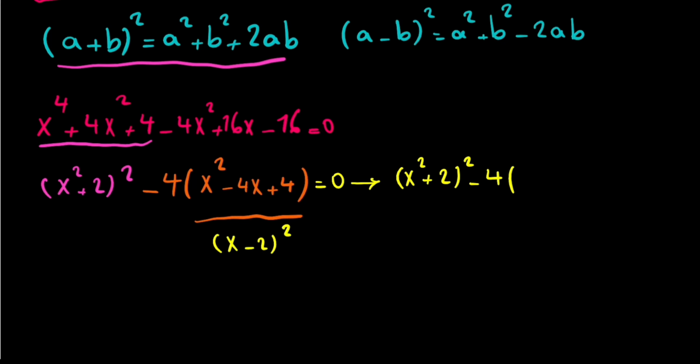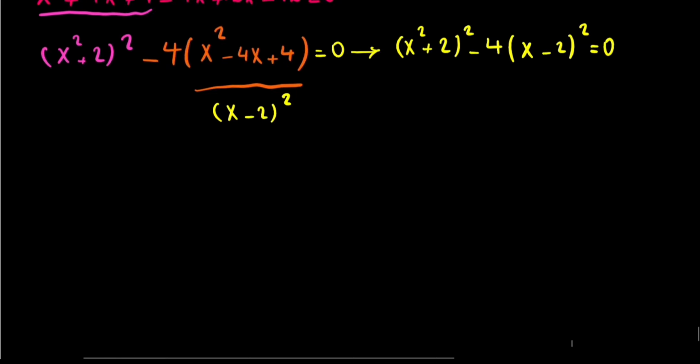Why? Because we have x squared plus 4 and minus 2 times x, so that will be equal minus 4x. So x squared plus 2 squared minus 4 times x minus 2 squared, that's equal 0. Yes.